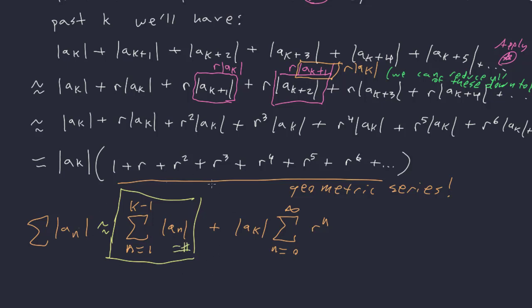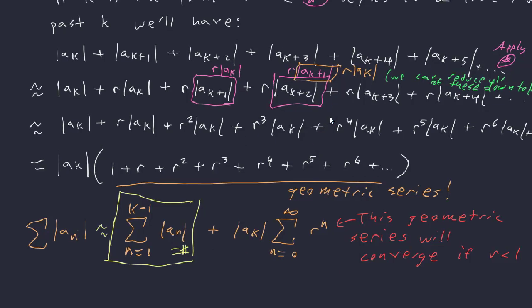So we have some number plus a geometric series, and this geometric series will converge if r is less than 1. Okay, so that is why this works the way it does.